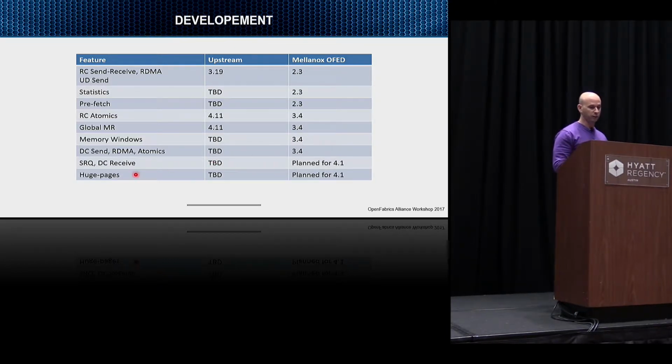The same goes for DC, atomics, dynamic connected, and shared receive queue support is coming up, and also huge pages. So essentially, when we use on-demand paging on a region where it's mapped to the processor as a huge page, we also want to leverage this fact and map it also in the IOMMU as a huge page.